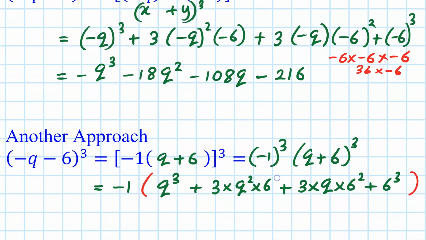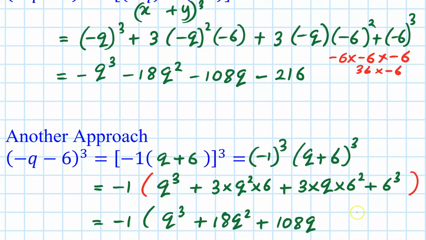Now if you write down the answer: negative 1 times q cubed plus 3 times 6, 18, q squared plus 6 squared is 36 times 3 is 108 q, and then 6 cubed is 216.